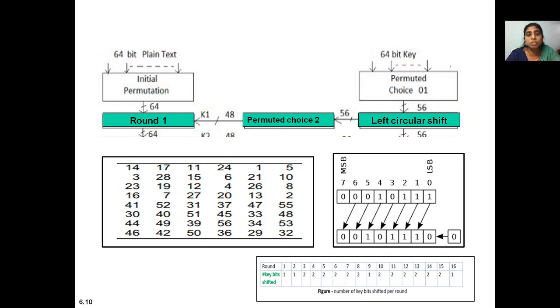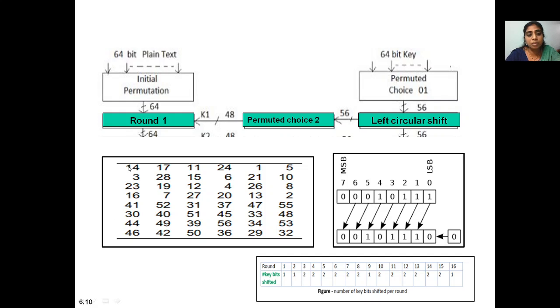This permuted choice 2 is similar to a transposition of the values, so we replace the values to the required positions. In this we are going to remove 8 values, and we compress our 56 bit value to only 48 bits.